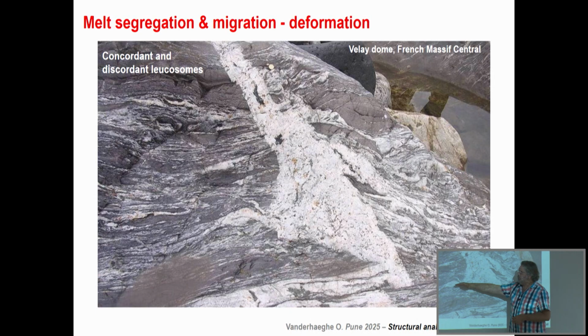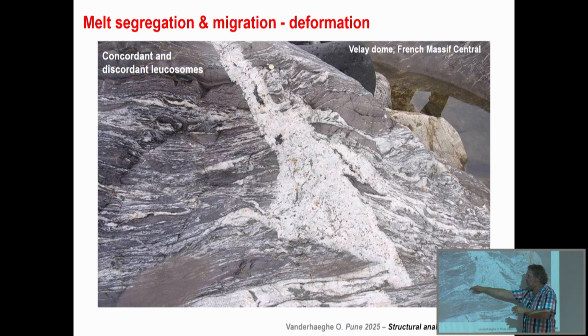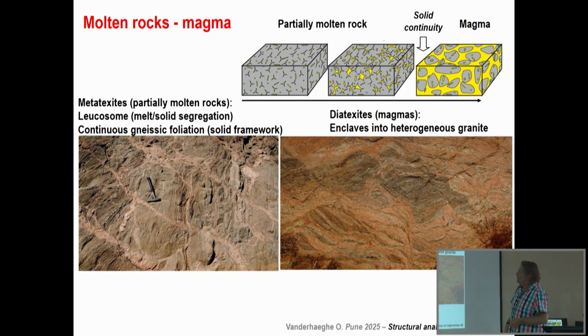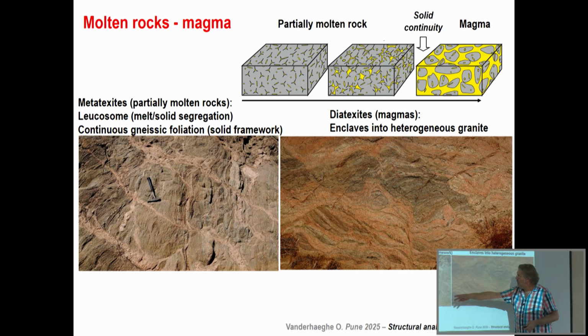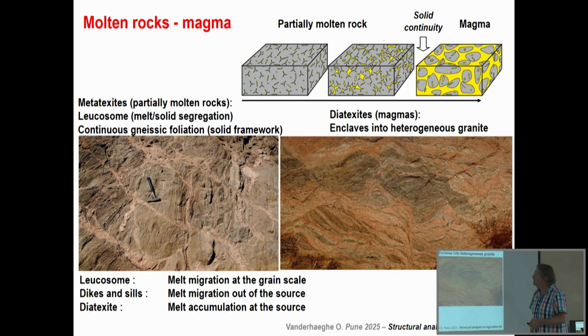Usually concordant leucosomes are found at less than 20% of leucosome in a rock, and as soon as you reach more than 20% of leucosome, then you have this concordant-discordant relationship. Another place where it was wonderful to study this transition from metatexite, a continuous framework with concordant and discordant veins, to diatexite, enclaves in heterogeneous granite, is Namibia.